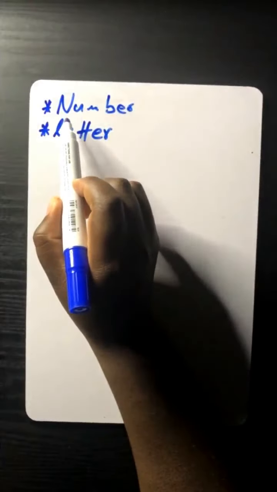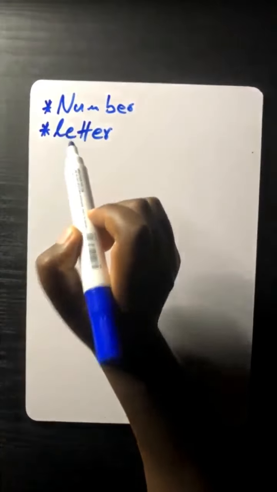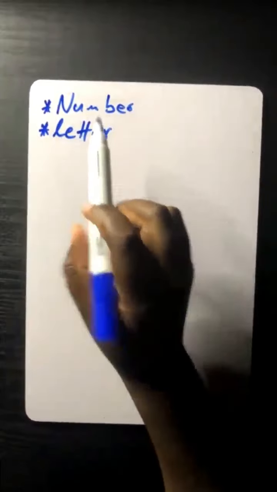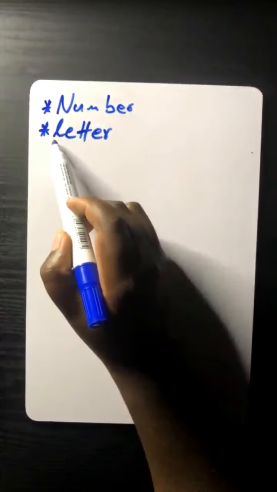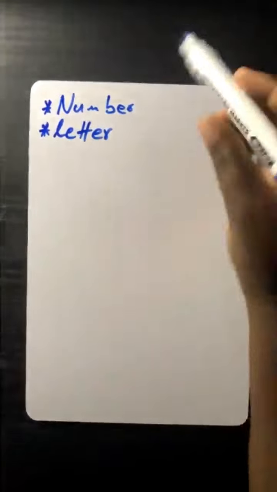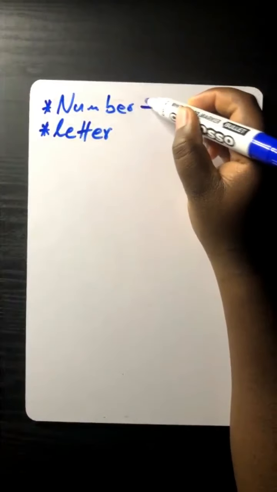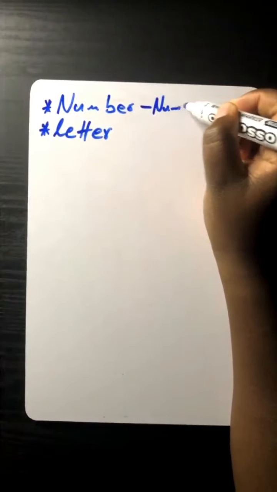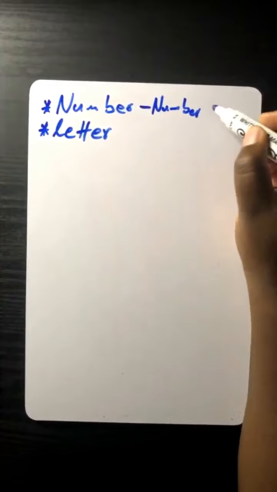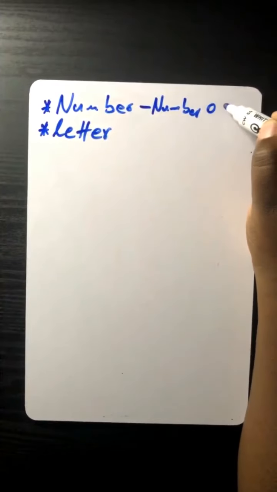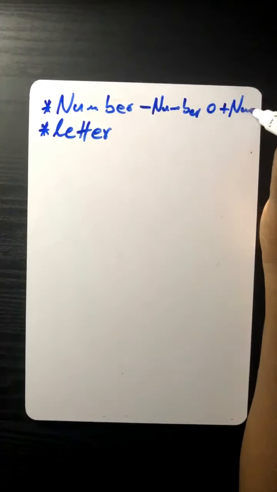So I'm trying to indicate to you that in mathematics, or mathematics in general, it comprises of numbers and letters. So numbers starting from a negative number to 0 and up to positive numbers.